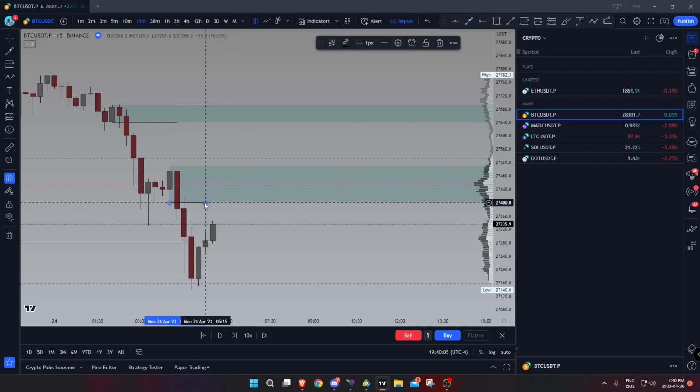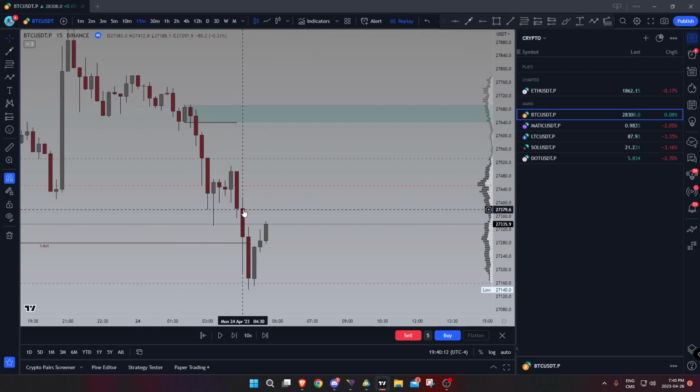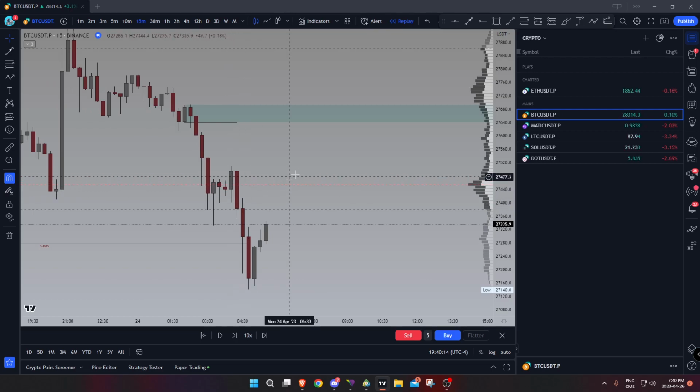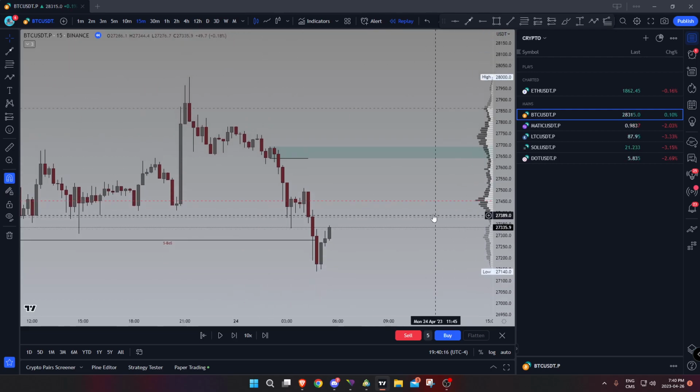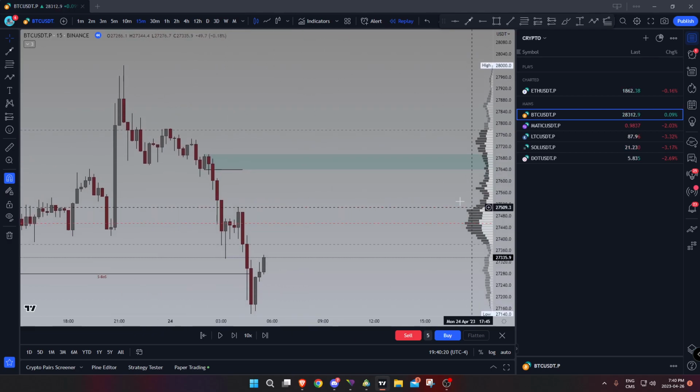So for me, this order block is not valid anymore, as the orders inside it got mitigated, since we have a wick getting the liquidity inside this order block. So as of now, from 4 order blocks on this move, I only got one that is valid.